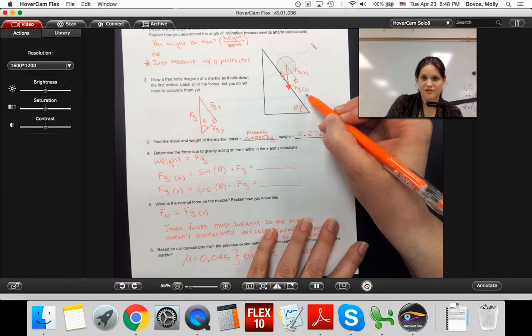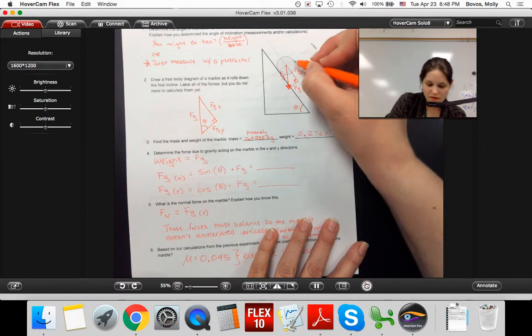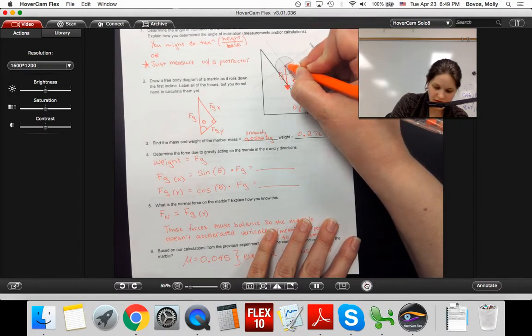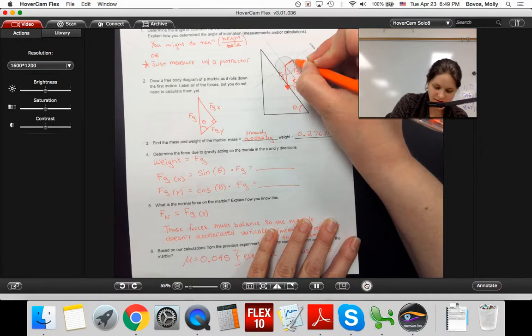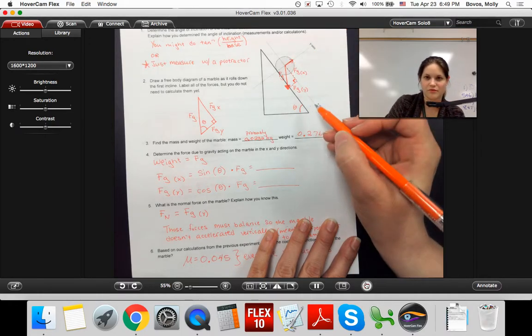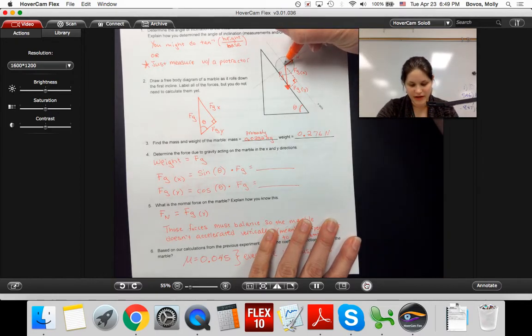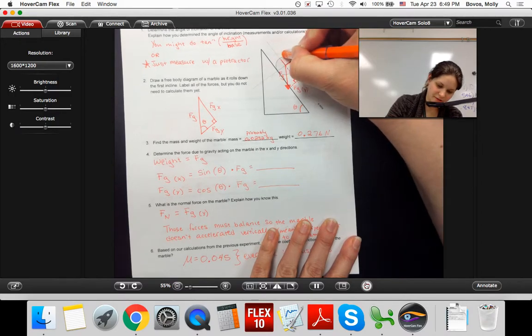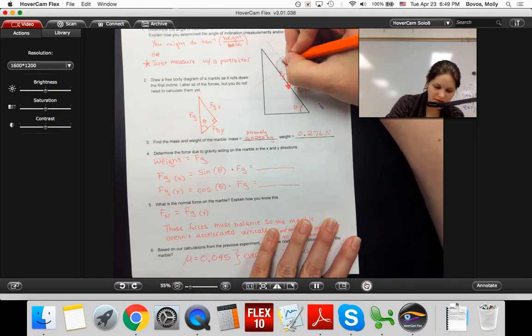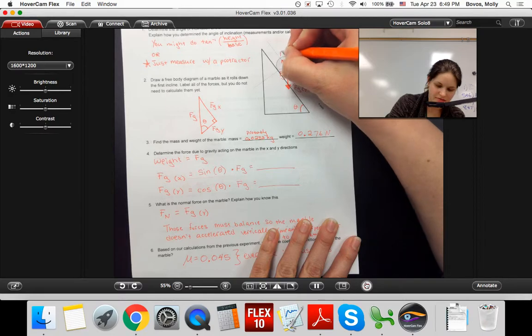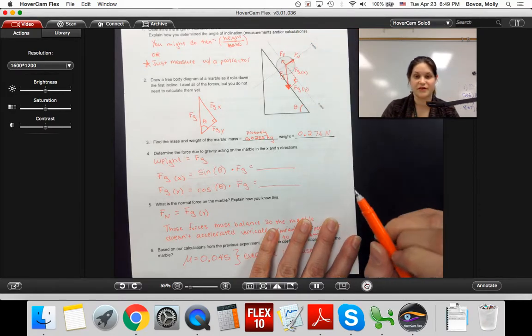That is FGY. We're also going to have a force acting upward. That's going to be our normal force, Fn. And then we are going to have a force acting up the incline. We're not really sure how big that particular one is yet. That is going to be Ff for force of friction.